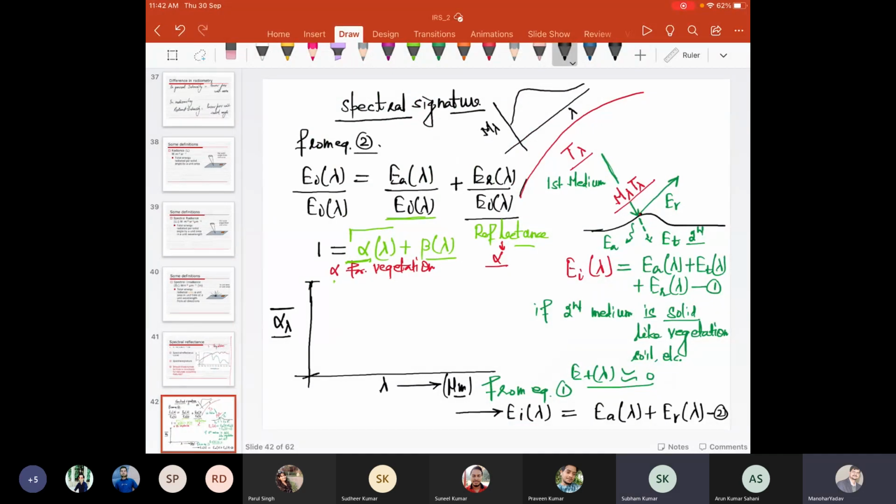Just see the figure. That is a graph that I'm going to plot, alpha versus spectral reflectance. So on this independent axis there is wavelength, and on the dependent axis, that is the y-axis, what should be the range I need to keep over here for the alpha? 0 to 1.